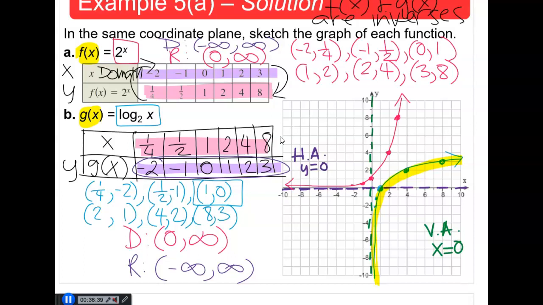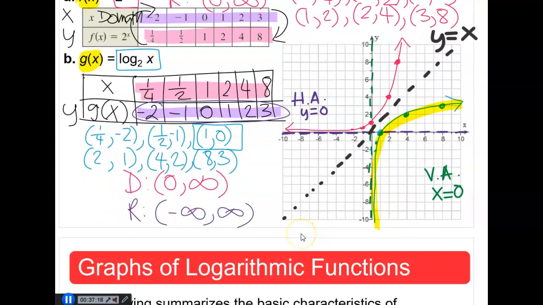And also because they are inverses of each other, they reflect across the identity function, which is the parent function, with the equation y equals x. If we were to fold that piece of paper along that line, you will have exactly the same thing on both sides. So another proof why logarithmic functions are important, and they're the inverse of exponentials. So we cannot know one without knowing the other.